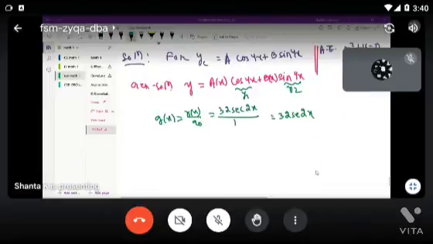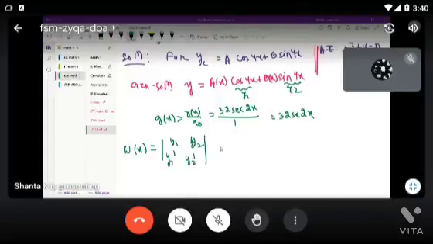Next we will find the Wronskian of y1, y2. So it is cos 4x, sin 4x, and what will be here?